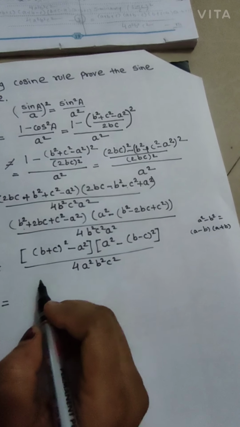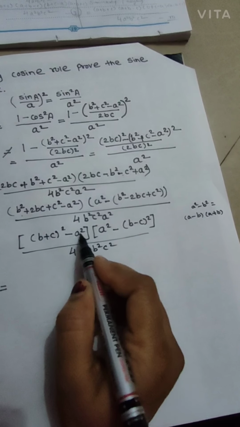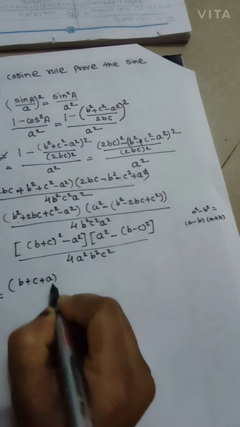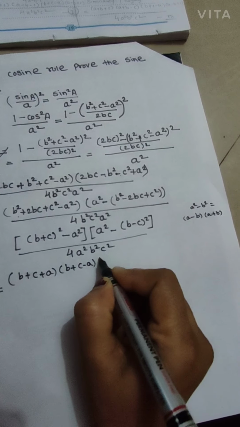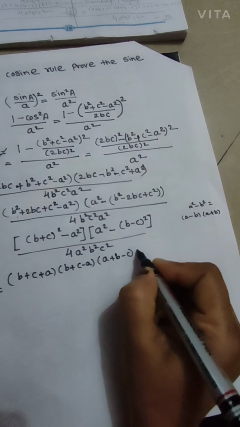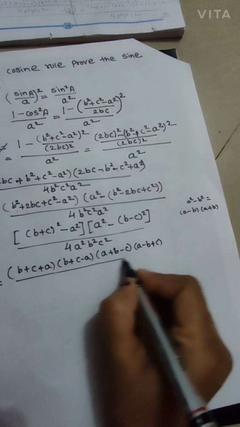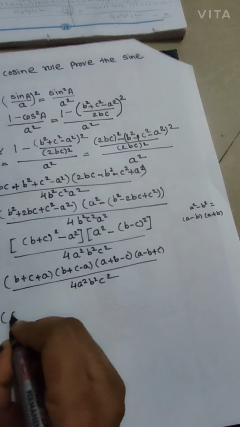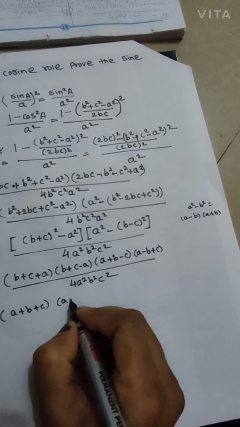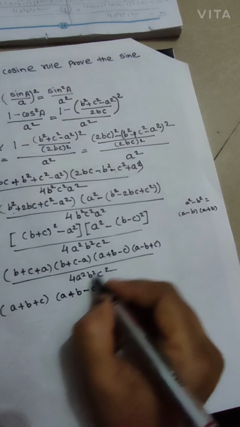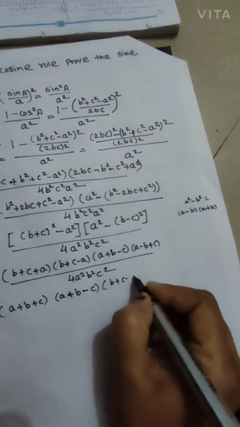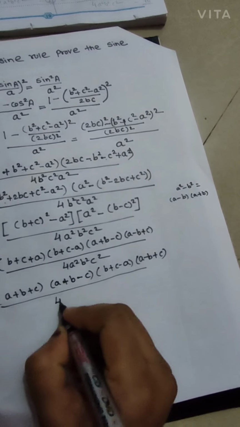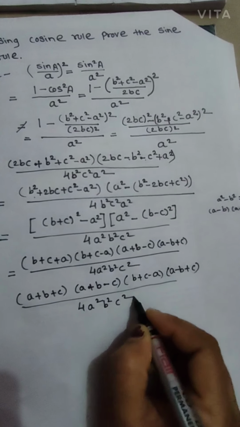Now next one. This is a square minus b square, so convert this again into the form of b plus c plus a, b plus c minus a, a plus b minus c, a minus b plus c, over 4a square b square c square.